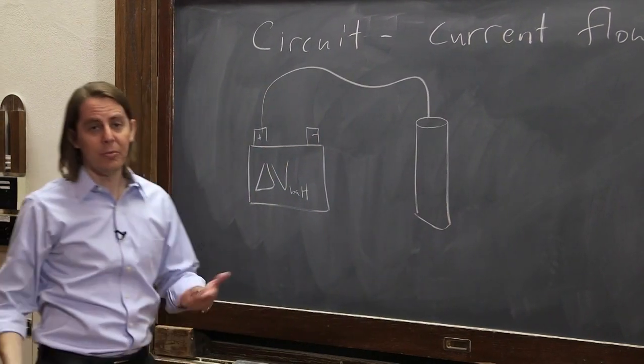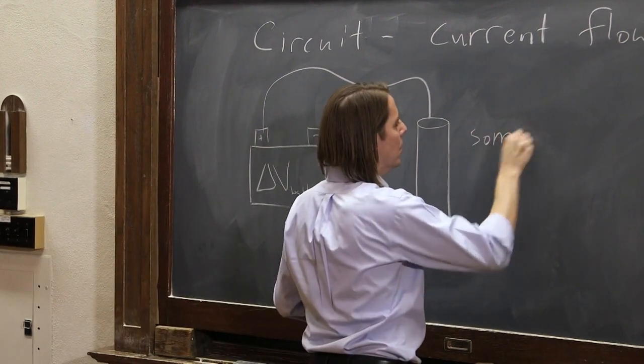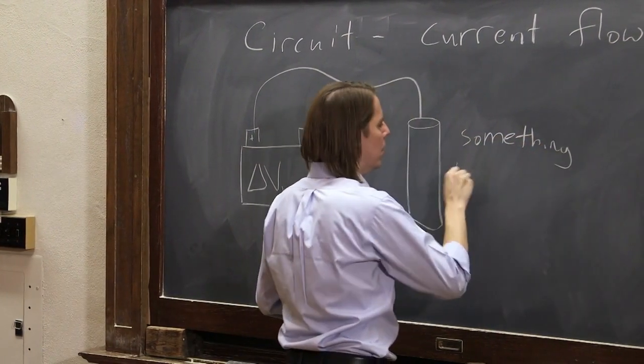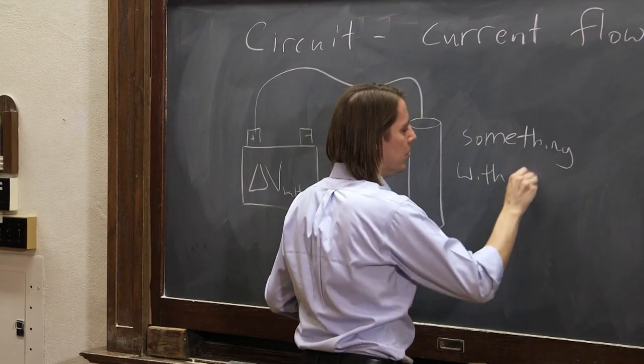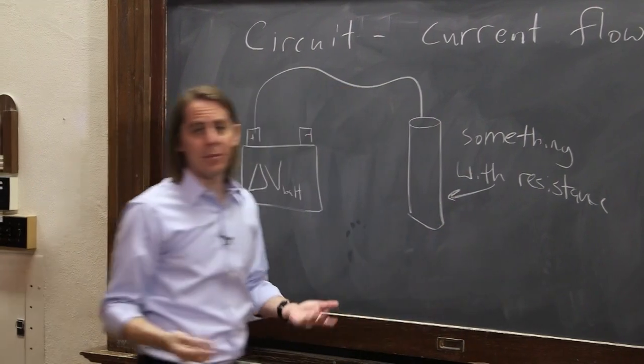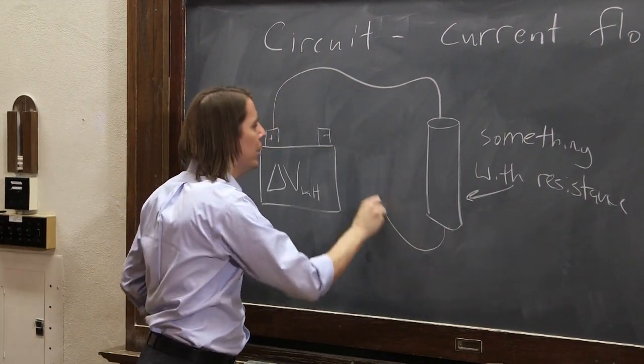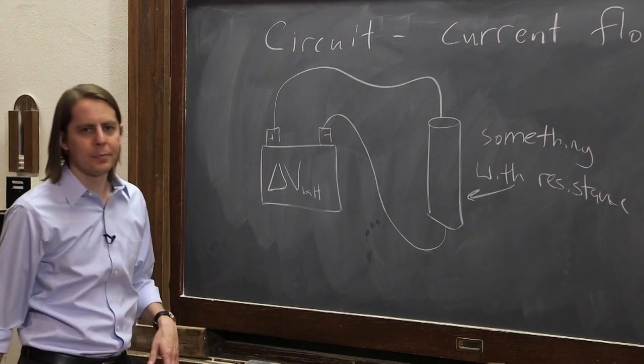The circuit has to do something interesting, so this would be something with resistance, because something exciting needs to happen. And then, oh, but we have to go in a loop. The current has to make it back around, so I'd probably bring that wire back to there.